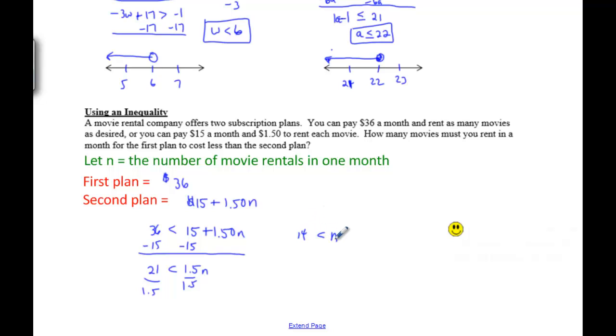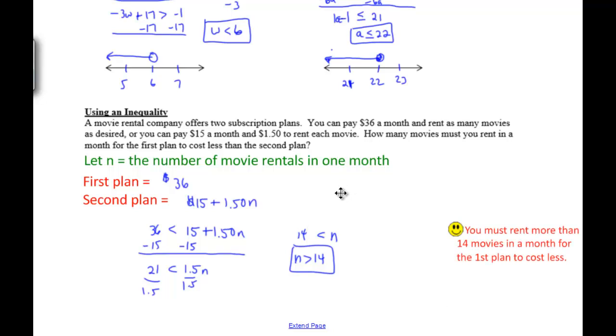So 14 is less than n. If I flip it to make it easier, n is greater than 14. What does this mean? Putting it in the context of our problem, you must rent more than 14 movies in a month for the first plan to cost less.